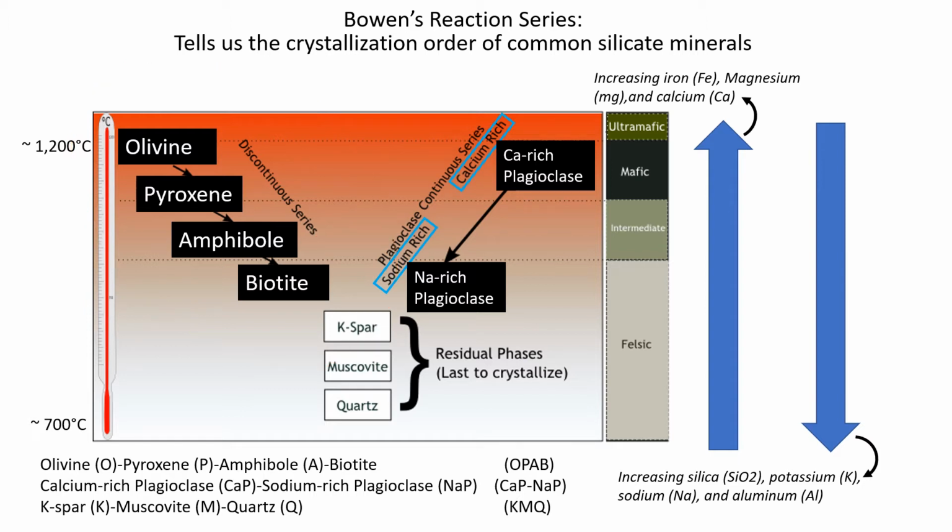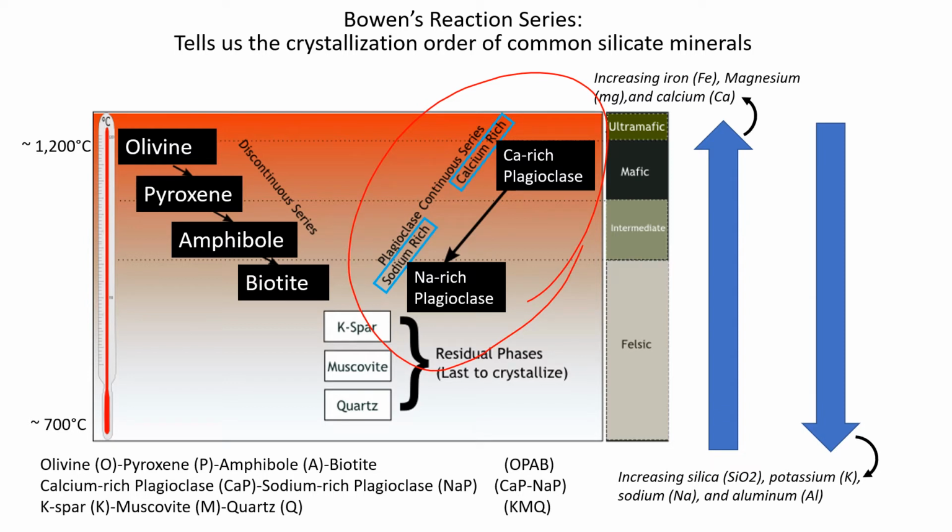Bowen also noticed, however, that at about the same time that olivine and pyroxene and amphibole and biotite were all crystallizing out of the melt at different temperatures, another important mineral group was also crystallizing, the plagioclase feldspar mineral group.